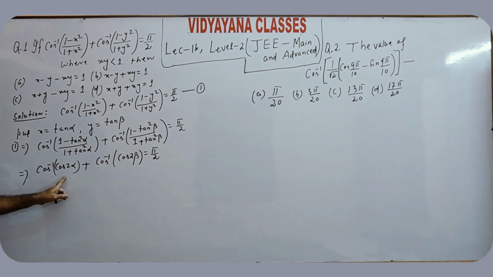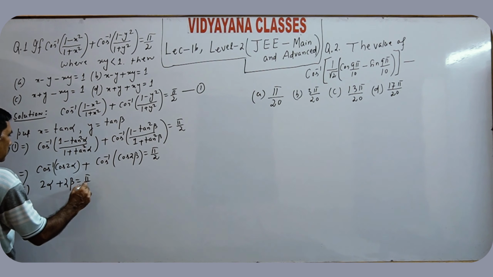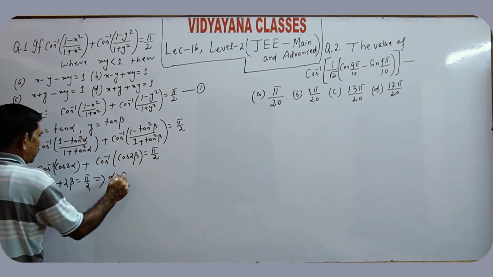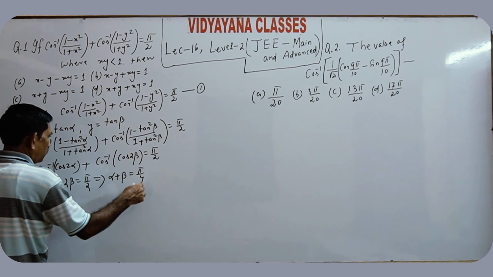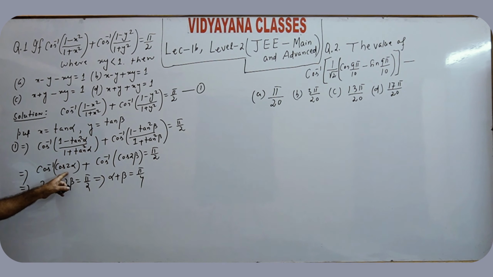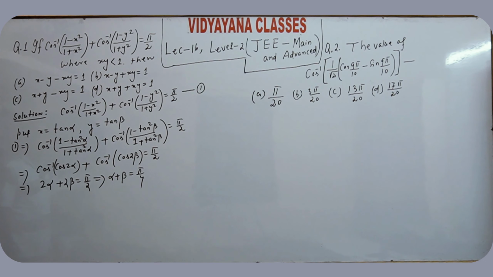Cos inverse cos x is equal to x, that means 2 alpha plus 2 beta is equal to pi by 2, which implies alpha plus beta is equal to pi by 4. Clear? It is 2 alpha, it is 2 beta. Cos inverse cos x is equal to x if x belongs to closed bracket 0 to pi.